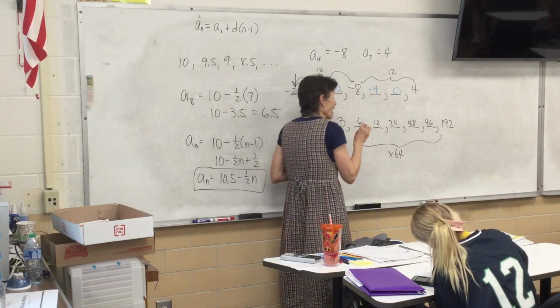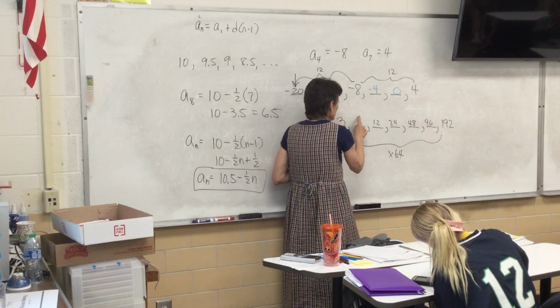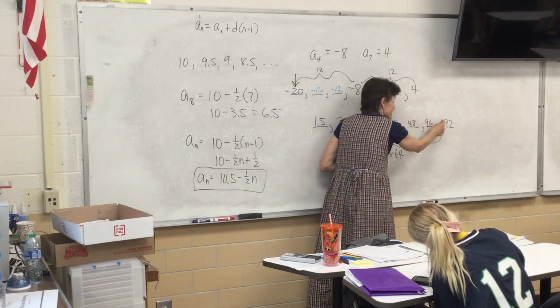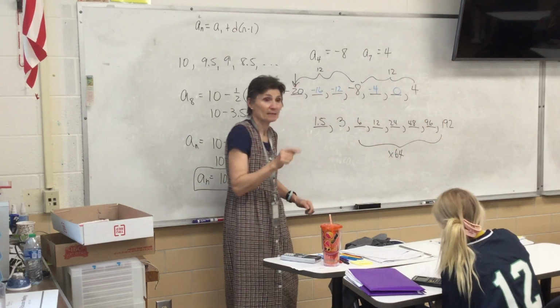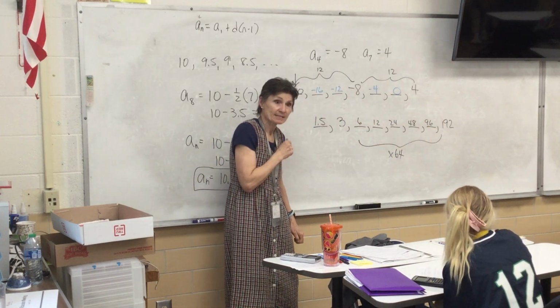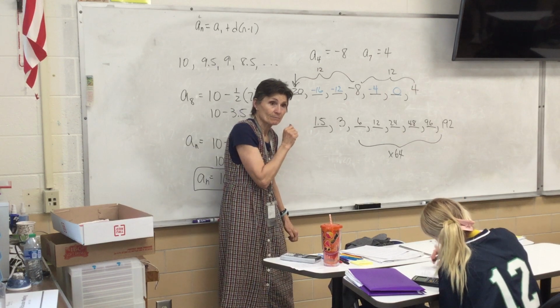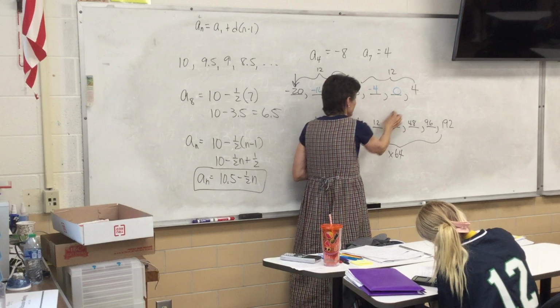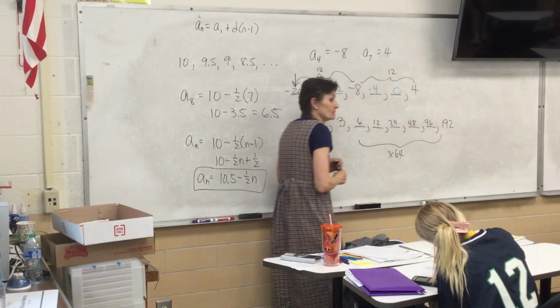Now, I have to do 1, 2, 3, 4, 5, 6 separate multiplications to get to that end number. You see what I'm saying? I have to do times, times, times, times, times, times.